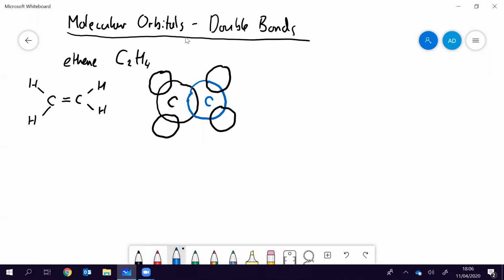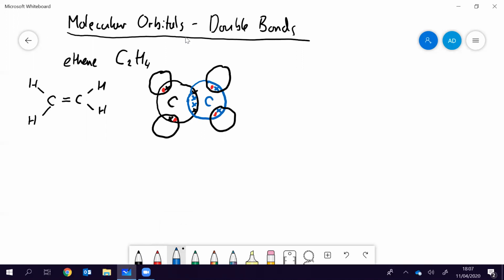Here we've got a double bond, so we've got 2 blue crosses from this carbon, and 2 black crosses from the carbon on the left. I'll draw the hydrogen electrons as red. And the same on this side. So the carbons there have got a full outer shell, so that's okay.